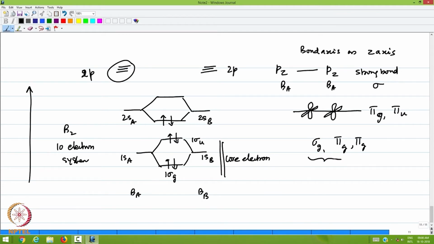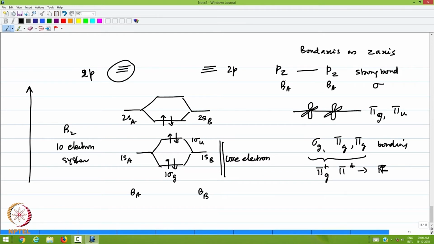So, these 3 are the bonding orbitals, and then you have pi star, which we label by 1, 2, 3 and so on. Okay. Sigma g star, the anti-bonding orbital. Let me come to that labeling next.